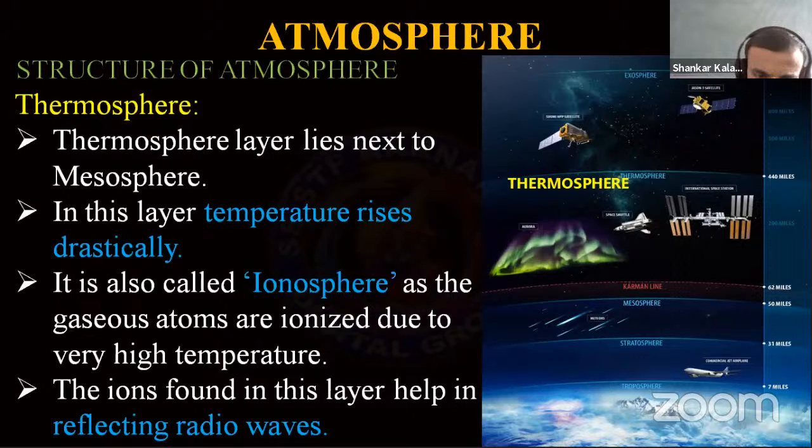The ions found in this layer help in reflecting radio waves. The ions found in the thermosphere help to send back all the radio waves spread through the radio stations.